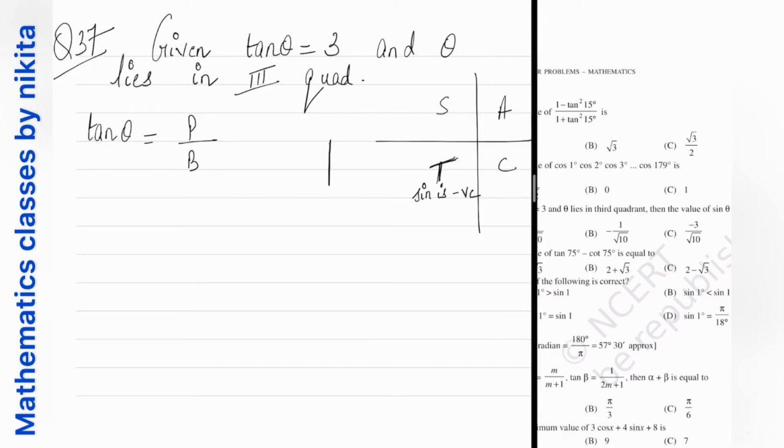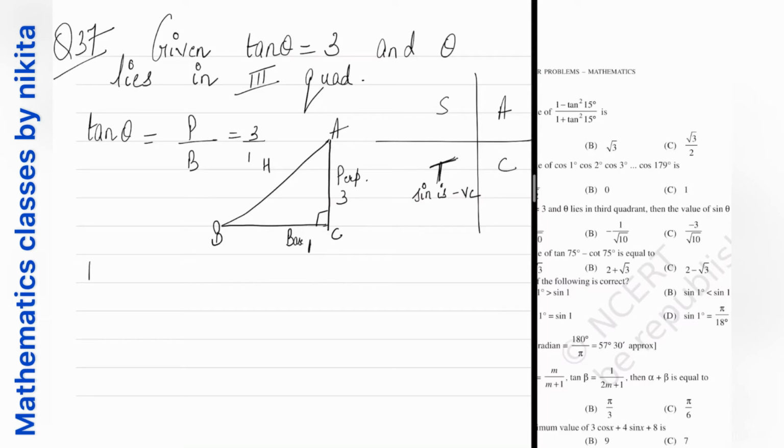So let us consider a triangle, a right angled triangle. So this is the perpendicular, this is the base, and this is the hypotenuse. Okay, so this is given to be 3. 3 means 3 over 1. So that means this perpendicular is 3, base is 1. So using your formula, mark this as A, B and C. So this is your base, this is your perpendicular.